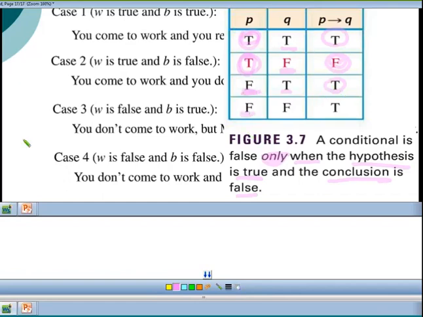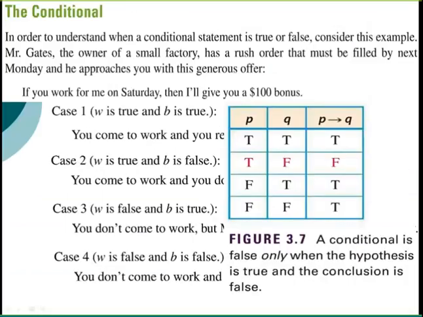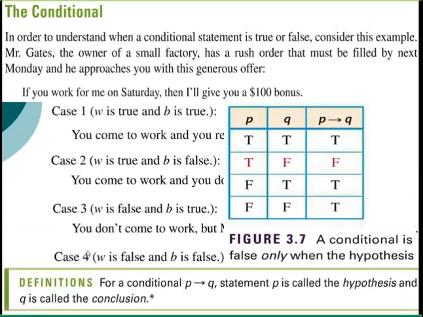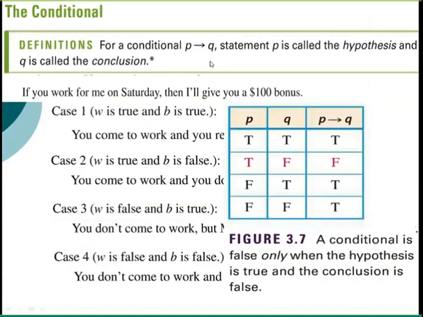Okay, so let's continue to take a look at how this plays itself out. So our definition right here is that for the P then Q statement, P is called the hypothesis and Q is the conclusion. P is the first thing, it's the hypothesis, Q is the conclusion.